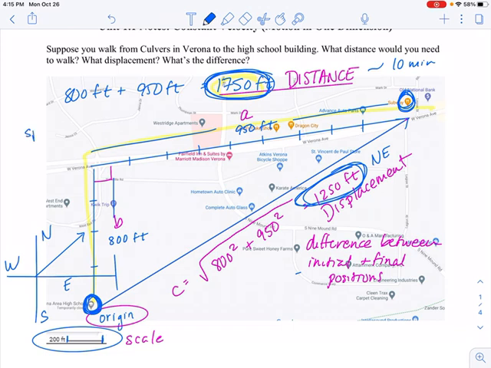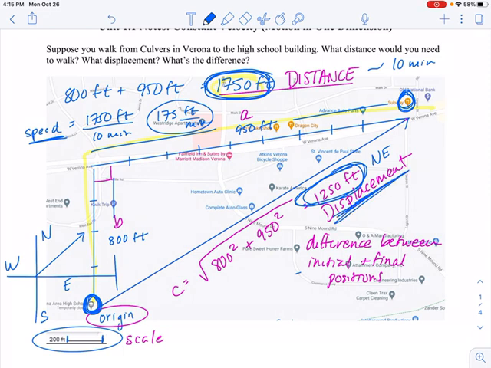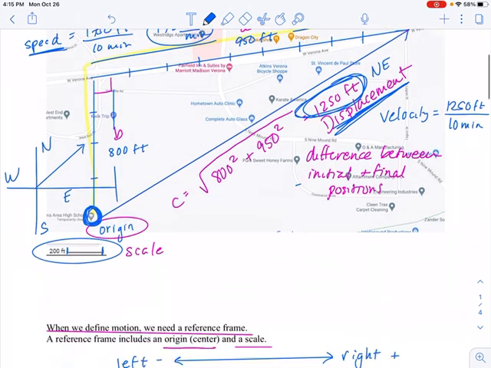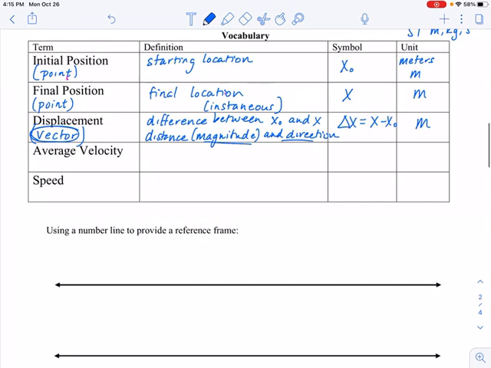Then my speed would be 1,750 feet over 10 minutes, or 175 feet per minute. Now that's not the SI system, but it's something. That would be my speed. My velocity would be based on my displacement. So my velocity is going to be 1,250 feet divided by the 10 minutes. So again, speed is based on distance, velocity is based on displacement.